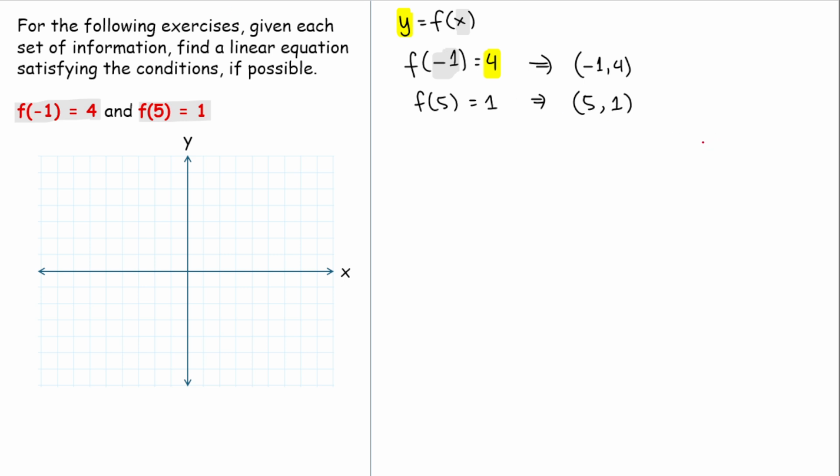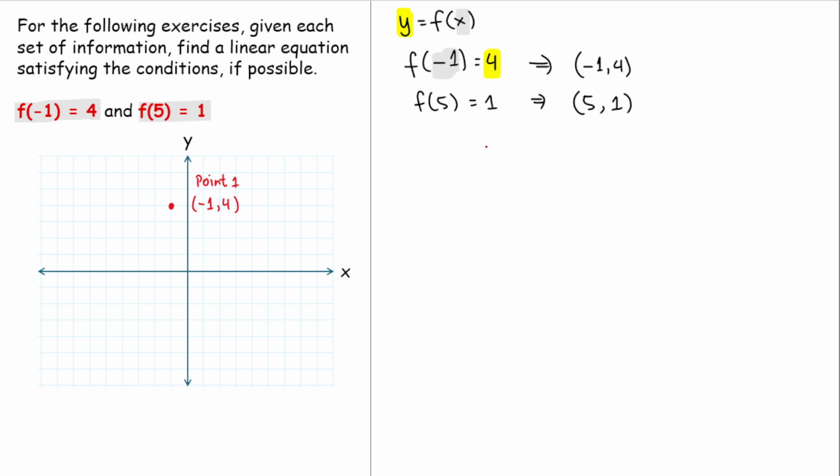Let's draw it in our xy coordinates. So we will have minus 1 comma 4. So minus 1 will be here, and then 4 will be here. 1 2 3 4, in this point here. This is minus 1 comma 4, and let's use this one as point 1.